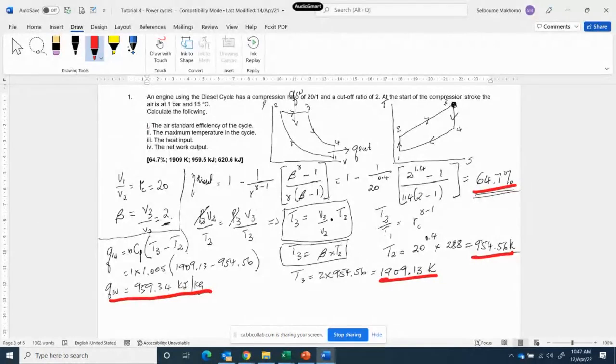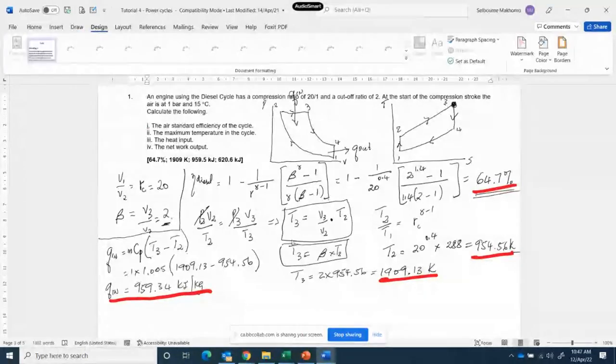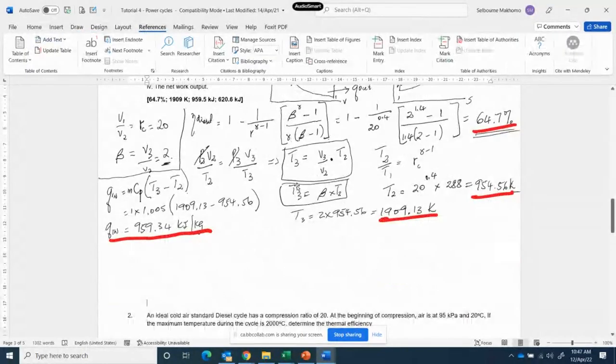The last one is going to be net work output. We did that already. We know how to calculate that because we said that thermal efficiency is work net divided by Q in.